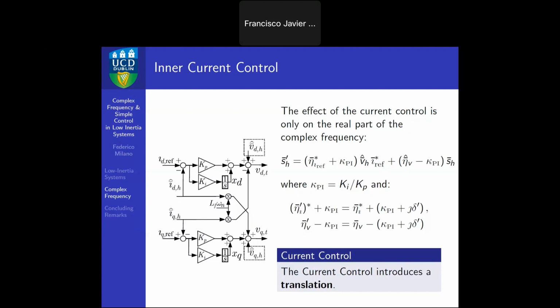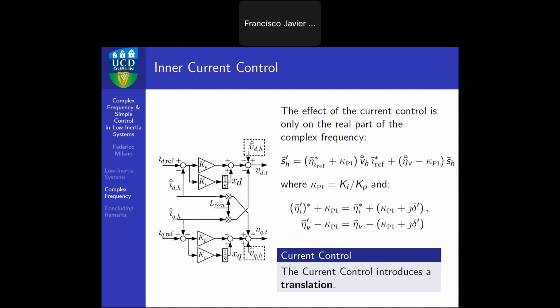But okay. Here, to simplify a little bit the discussion and to show some neat result, I'm assuming that the gains of the inner loops are equal. So Kp of the D channel is the same as Kp of the Q channel. Now, might be not true all the time. Let me use this approximation.